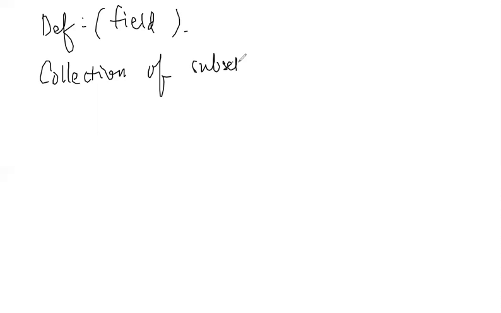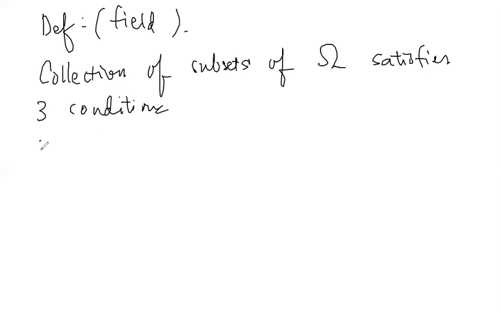So actually rather simple. The definition of a field: you have a collection of subsets of omega that satisfies the following three conditions. In a nutshell, 1, 2, and 3.